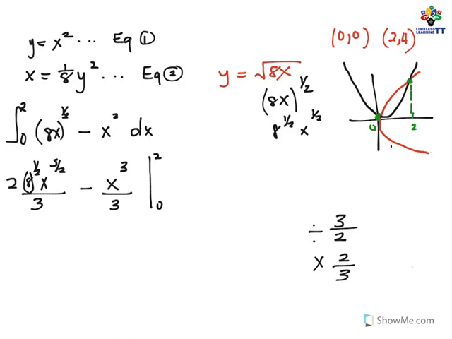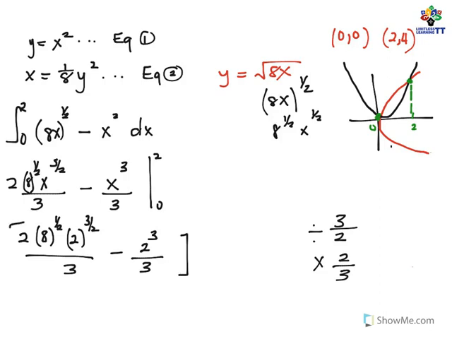So that is going to be 2 times 8 to the power of 1/2, right? 2 to the power of 3/2, all over 3, minus 2 cubed over 3, and then minus, when you substitute in 0, you'll just end up with a minus 0.